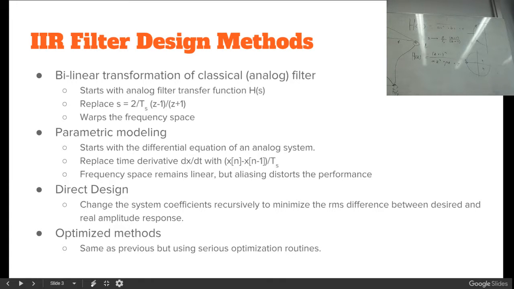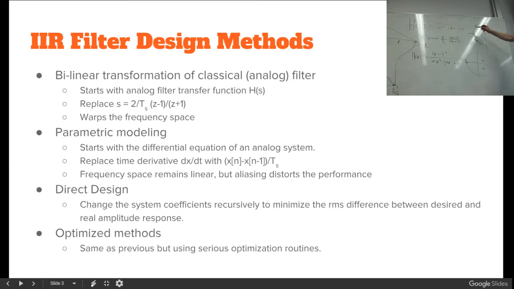Then the next one is what I call parametric modeling. So what we basically do, we start from the differential equation of an analog system. Okay, not the transfer function, but the differential equation. And there we have these time derivatives.